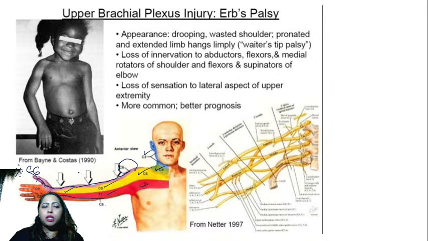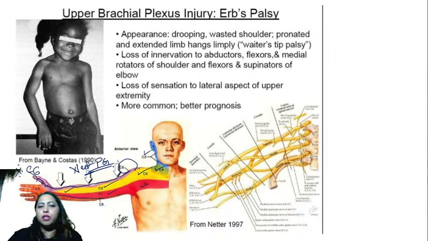C6. So this is one NEET PG question. It is supplied by which nerve? The C6 nerve root. So if there is pain that is radiating or loss of sensation, it will be from the shoulder tip up to the thumb region.